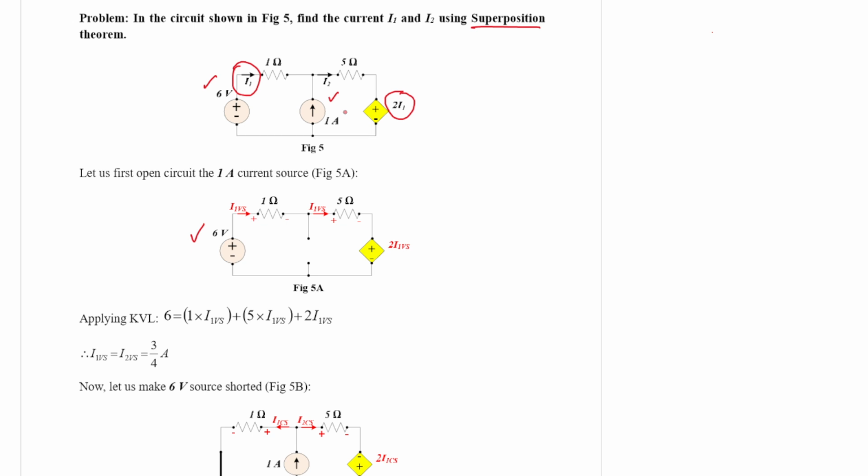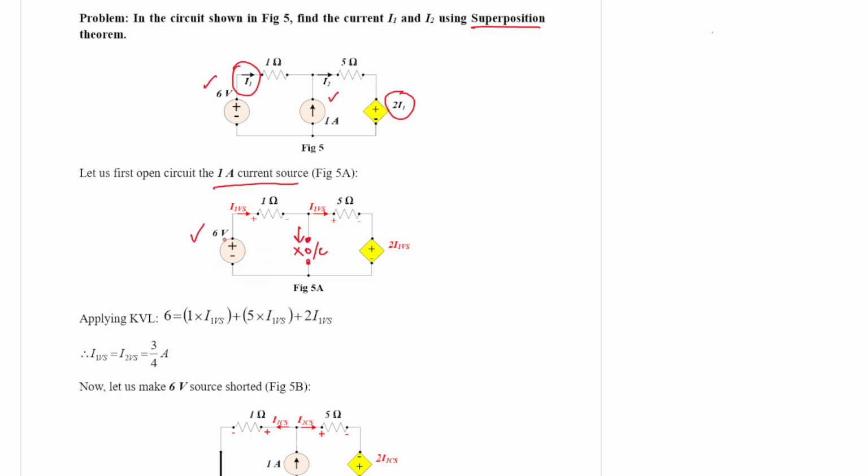Let us say we remove the current source by open circuiting those terminals. Since it is open circuited, no current flows through it, so whatever current is flowing should entirely flow from the 6-volt source.